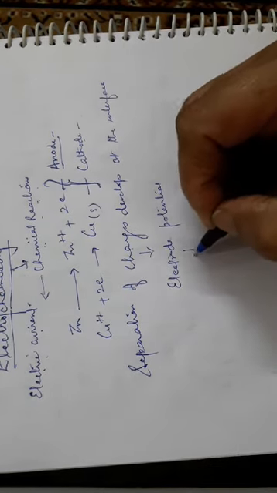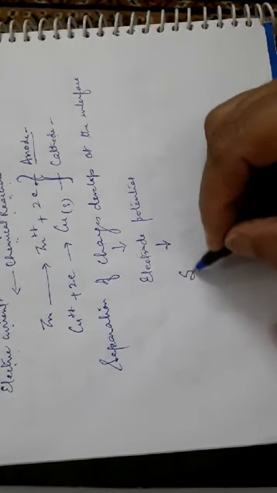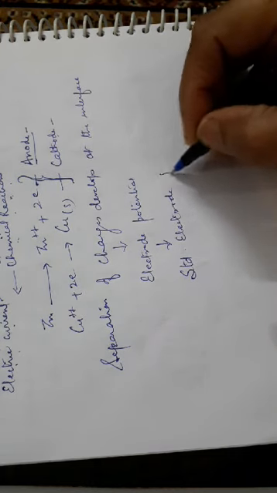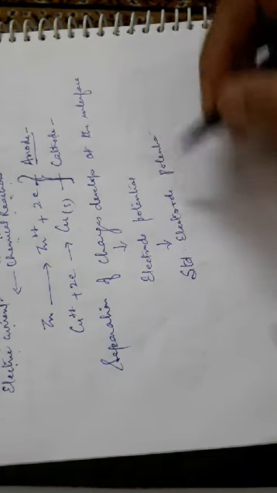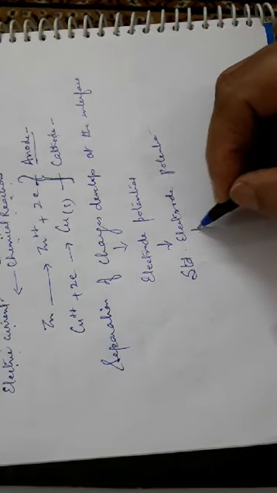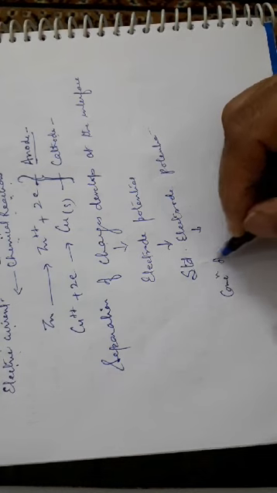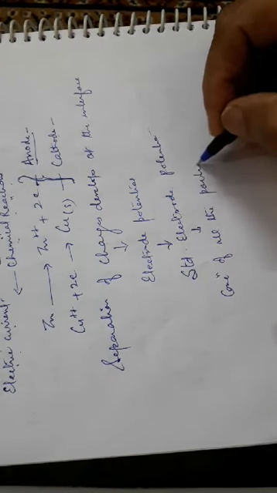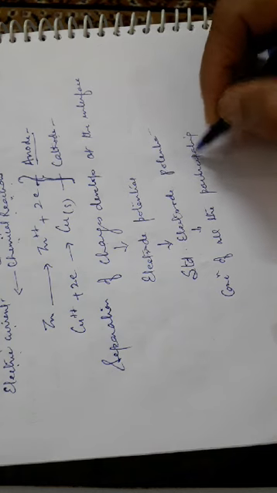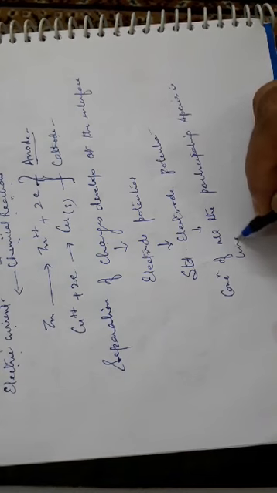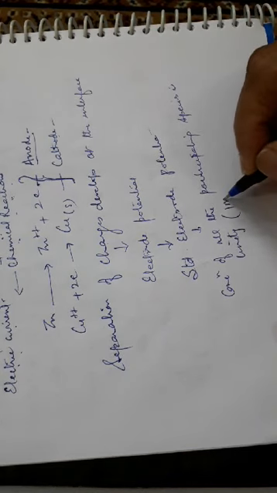This electrode potential is further called the standard electrode potential when the concentration of all the participating species is unity. Unity means 1M.